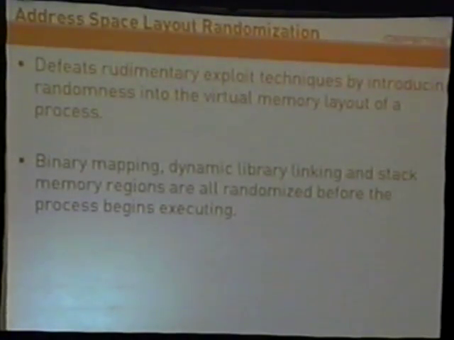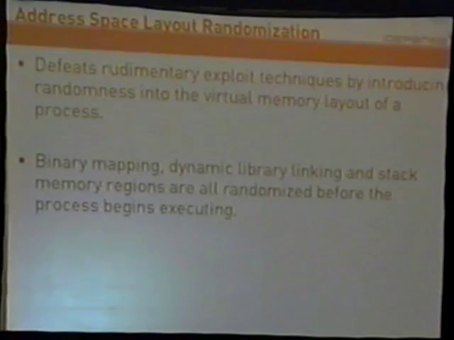ASLR, or address space layout randomization, defeats the techniques that rely on static values or offsets into memory that would generally be a pre-known value. So by modifying the layout of the binary, obviously that's going to shift the locations of all the predetermined addresses.